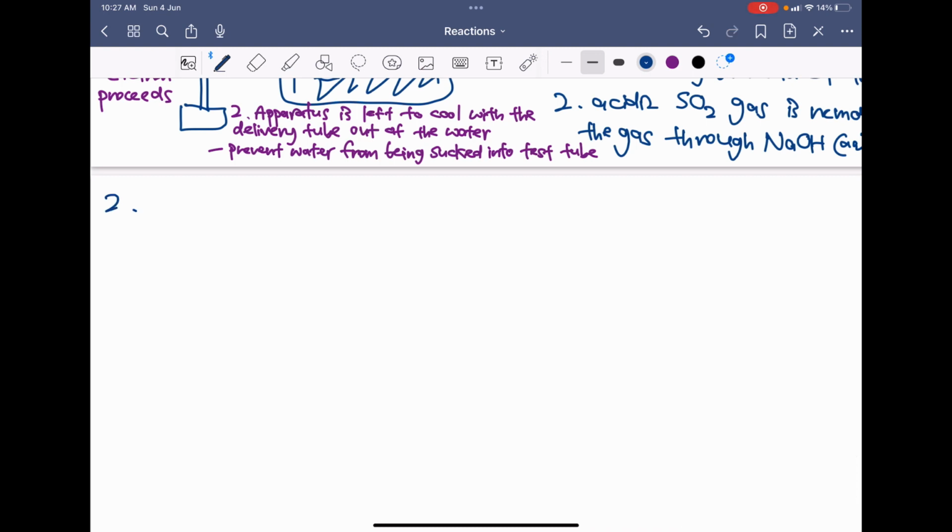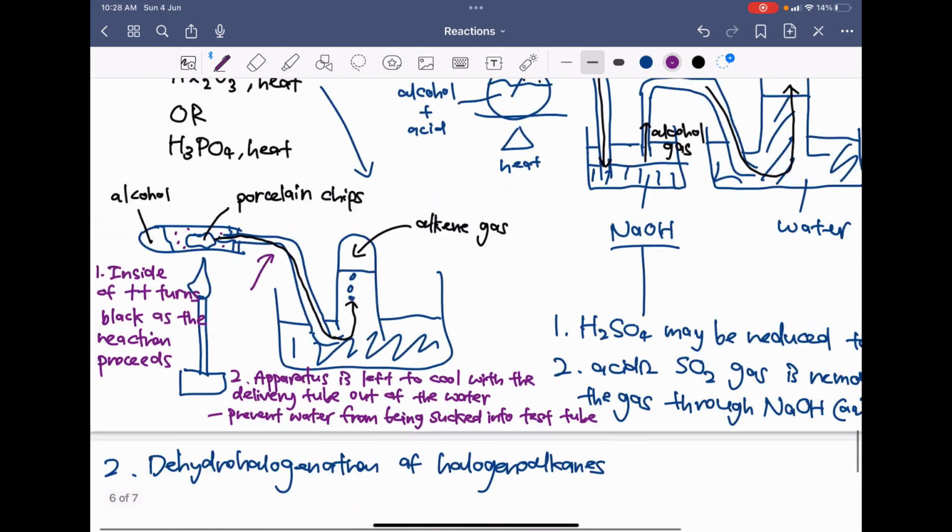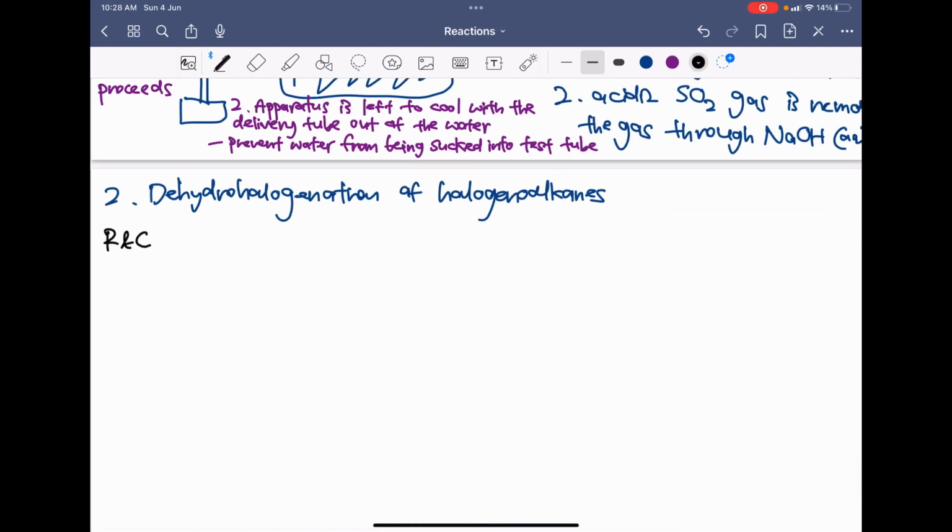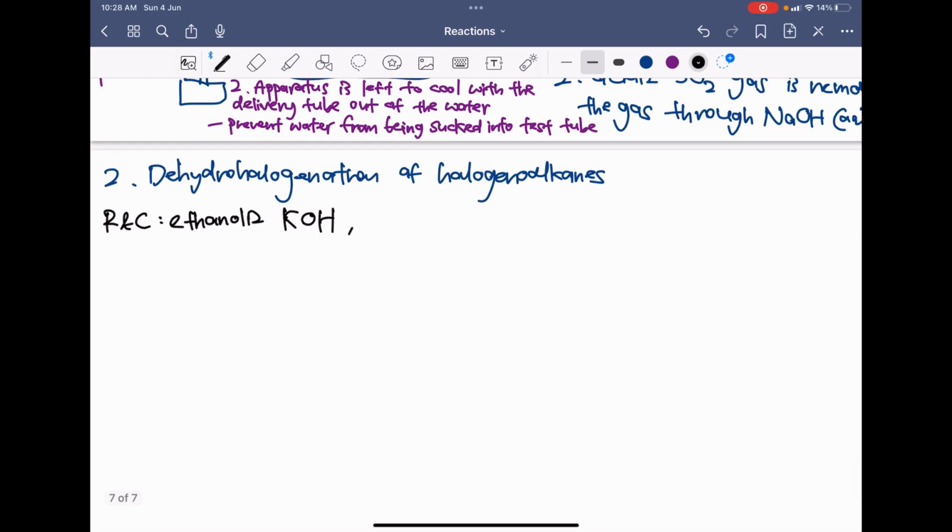So the first way we have is alcohols to alkenes, and the second way is dehydrohalogenation of halogenoalkanes. So reagent and conditions: ethanolic potassium hydroxide with heat or heat under reflux.